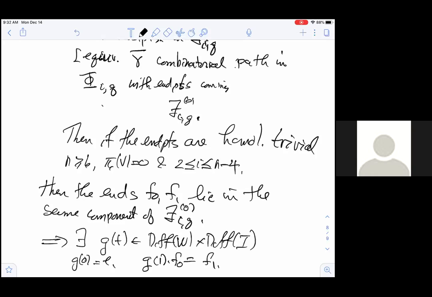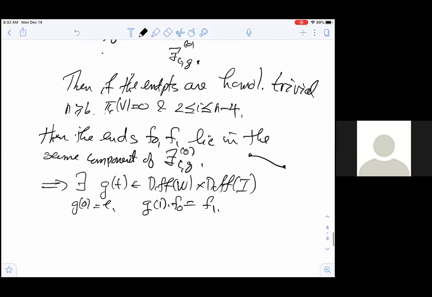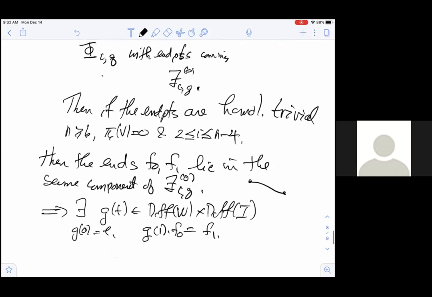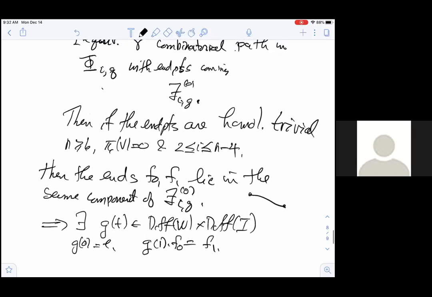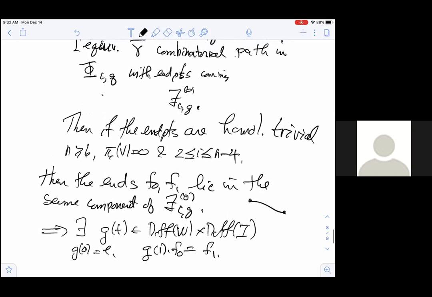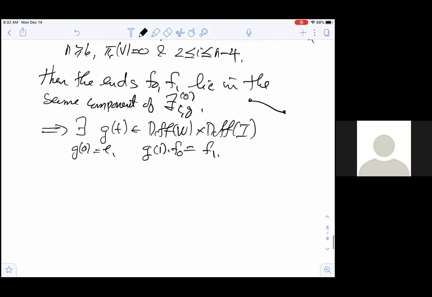So f naught and f1 are connected by a path of good Morse functions. So your diagram may be quite complicated with lots of interchanges as you cross these codimension 1 strata, but there is another diagram connecting these two Morse functions, which is completely trivial.